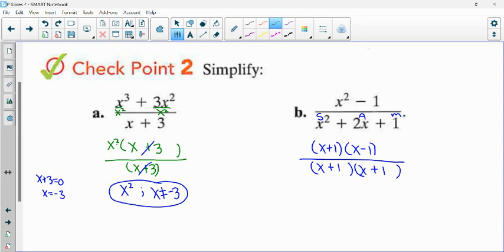Again, we have multiplication between those parentheses, so now we can cancel any like factors out. So what's going to cancel out? One of the x plus 1s on the bottom will cancel with the one on the top. So we're left with an x minus 1 on the top and an x plus 1 on the bottom. And x cannot equal negative 1. Very good. Again, it's the same thing twice, so we don't have to write it twice.